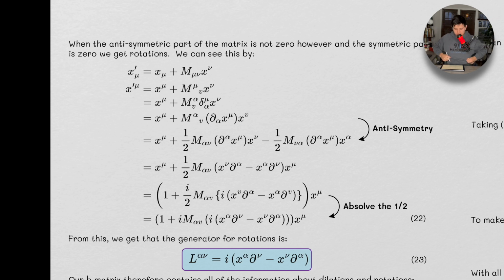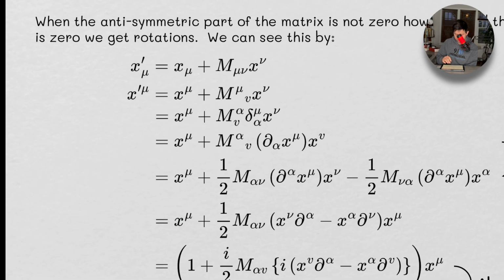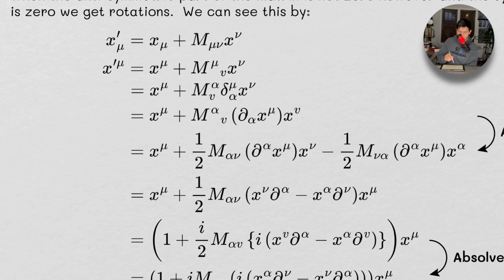And let's keep on going. So when the anti-symmetric part of the matrix is not 0, however, and the symmetric part is 0, we can get rotations. And we see this by doing this guy now, right? So our M matrix contains the anti-symmetric part, and so we can raise an index like this, because again, it's just a matrix.